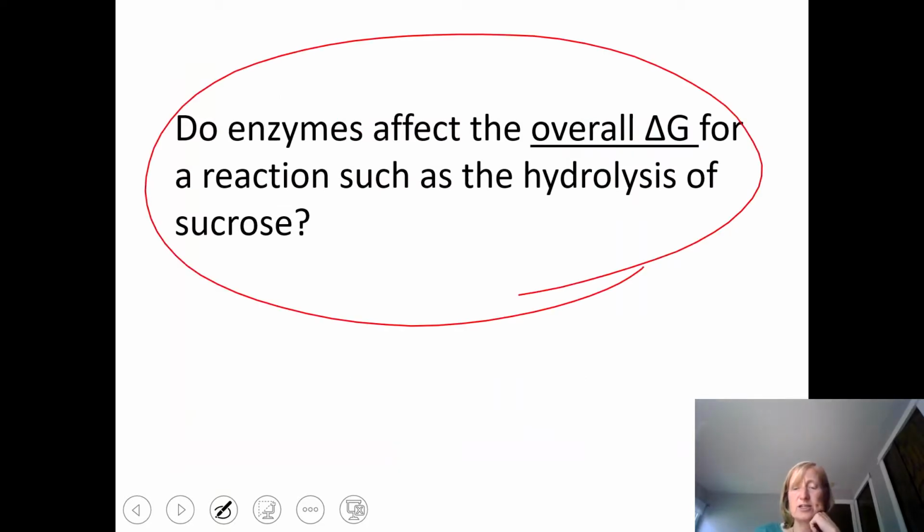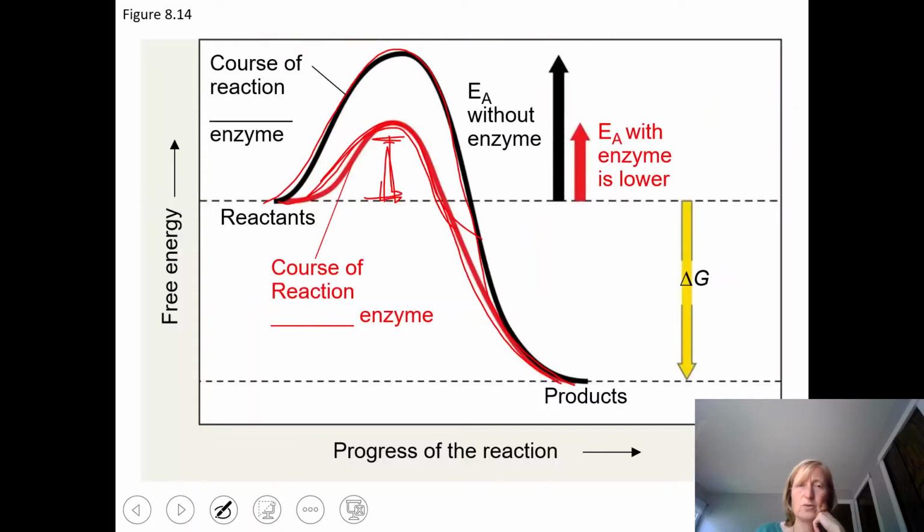Now, I do have one question for you. Do enzymes affect the overall delta G for a reaction? Let's look at this picture again. Look at the two lines, the black and the red line. Look at delta G. Does delta G change with the black or the red line?